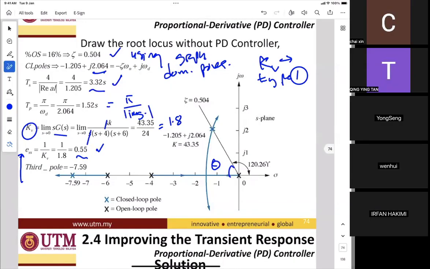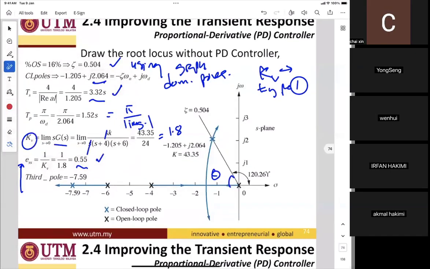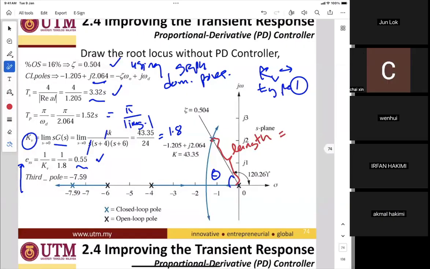The length between 0 and the dominant poles here is known as the natural frequency, omega n.